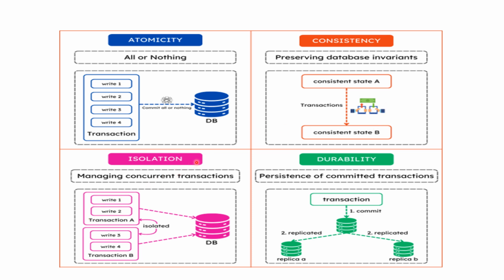Isolation says that concurrent transactions are managed; if there are parallel transactions, the shared data items should be isolated. Durability says that committed transactions persist, which means once the commit command is executed, the data should be permanent in the database.